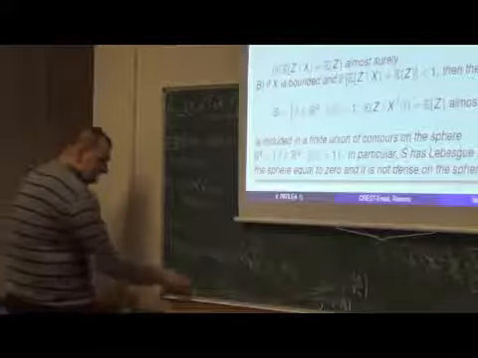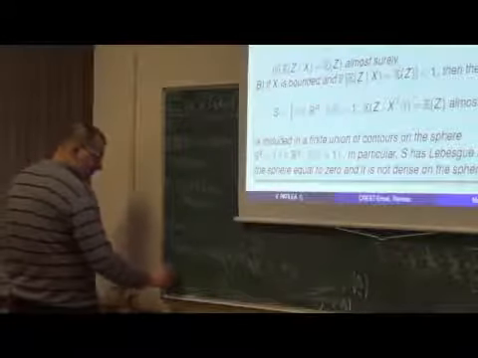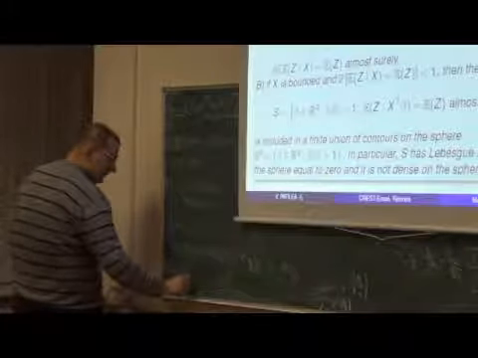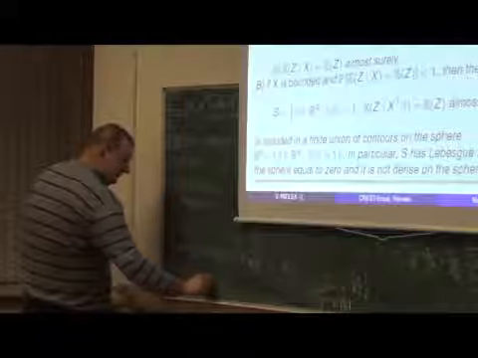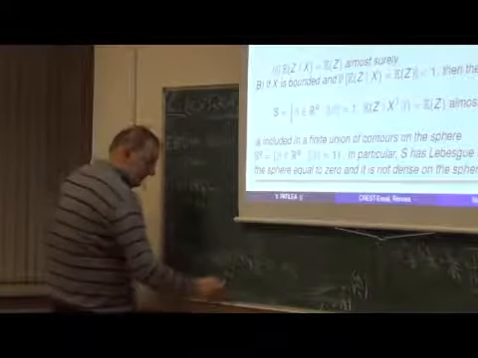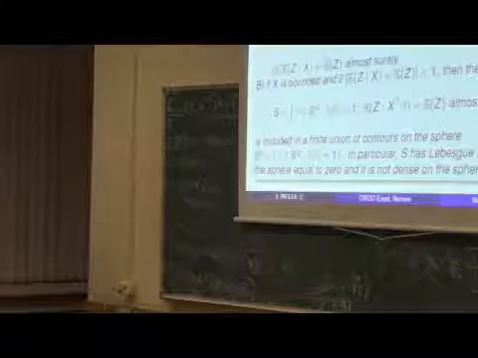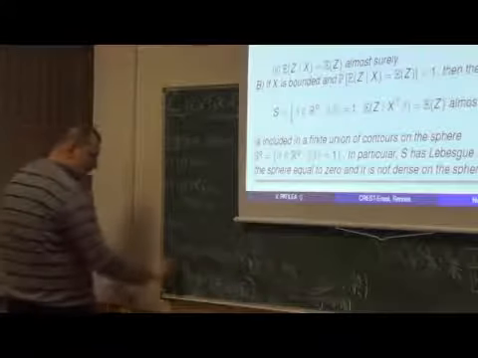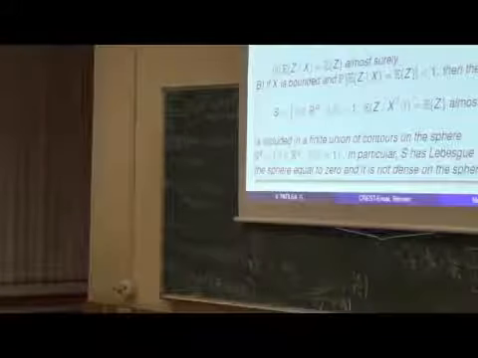The other way around, we start with the expectation of the exponential of i X transpose beta times the expectation of Z given X transpose beta. So if 2 is true, this is 0. Okay?